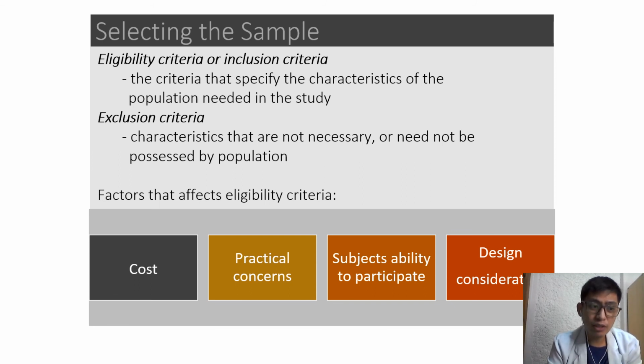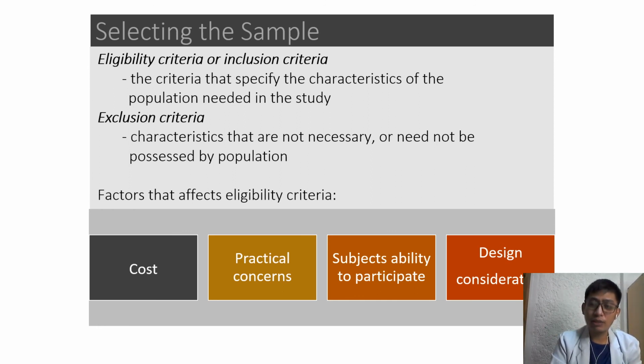Practical concern: it is whether it's convenient for the respondent to be with you for 1 hour, if it's qualitative research, or on the practicality side, whether the researcher is equipped with proper competencies and tools in conducting a specific research methodology.